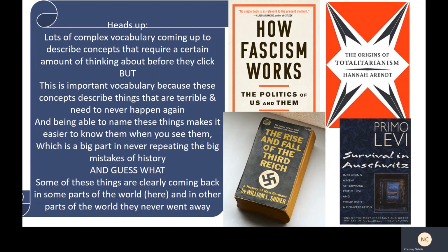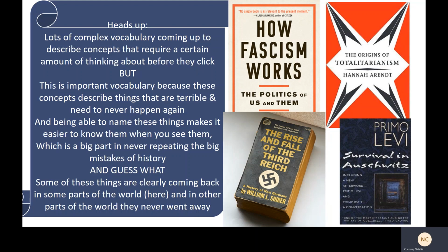And here's kind of your warning and my plea for the unit. A lot of the vocabulary we're about to talk about today and in the unit is complicated because they describe concepts that require a certain amount of thinking before they click, because they're not clear-cut, like fascism and totalitarianism, for example.